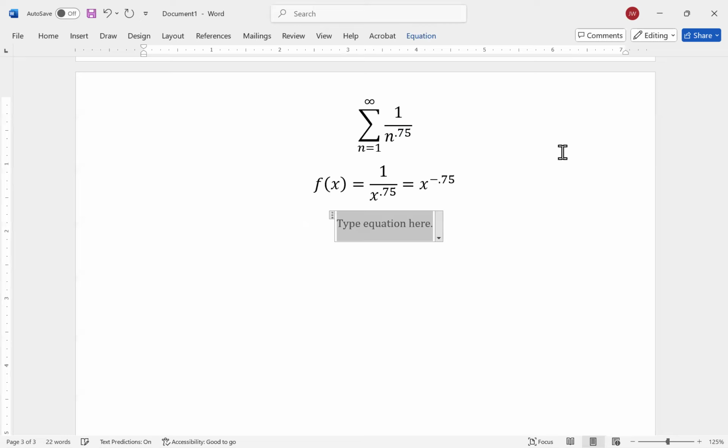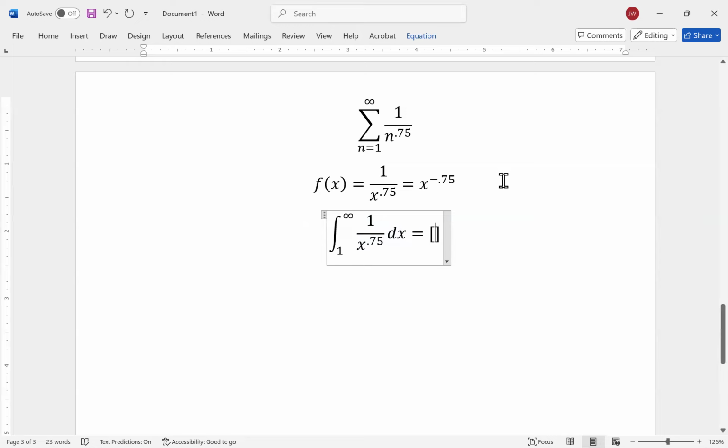This function is continuous, always positive, decreasing. Therefore, I can use the integral test. The integral test would have me integrate from 1 to infinity, 1 over x to the 0.75 power with respect to x.